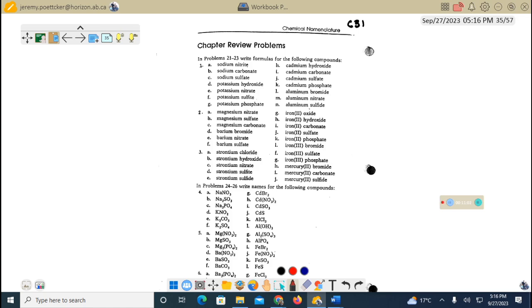Especially if the struggle is not the overall concept, but if the struggle is, I can't find these silly things on the periodic table and I just get frustrated, do them. There's lots of repetition, and so that's going to help you find them. It also just keeps you looking at your periodic table. That's going to be the best way for you to do good at these and to get good at these. There is no way to do this without practice.